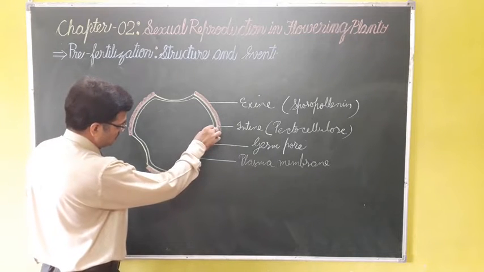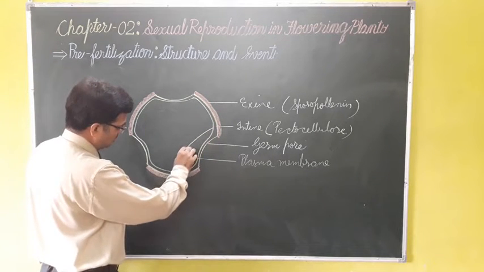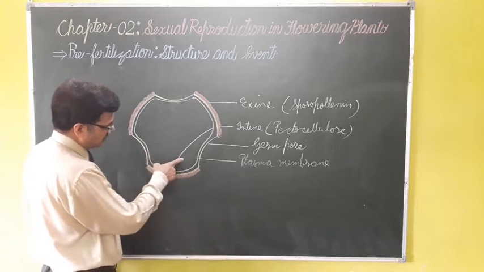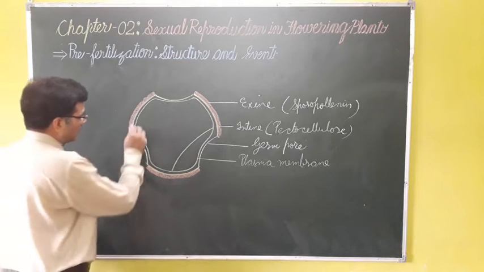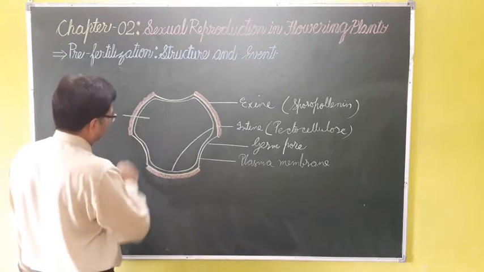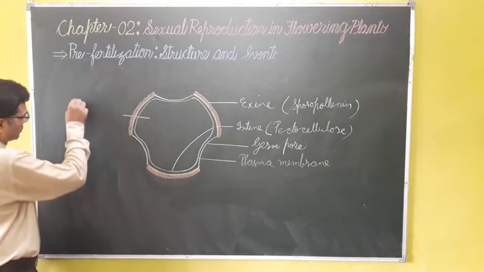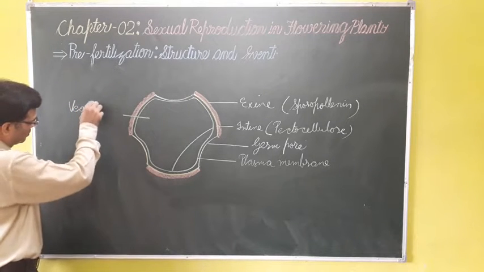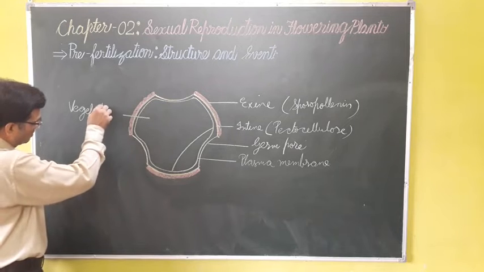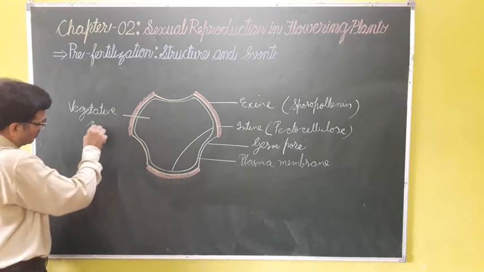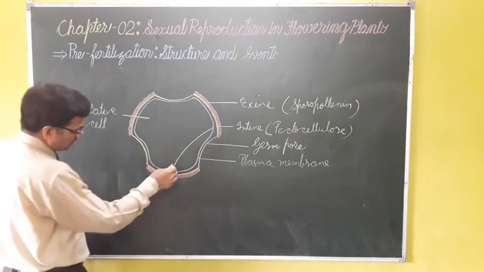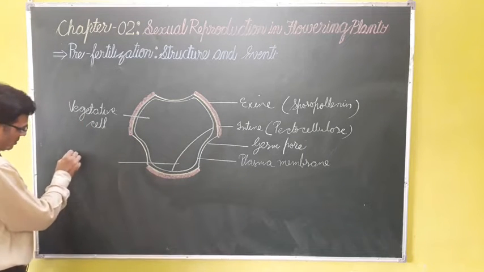One is the bigger cell, and this one is the smaller. The bigger cell is called vegetative cell. And the smaller cell is called generative cell.